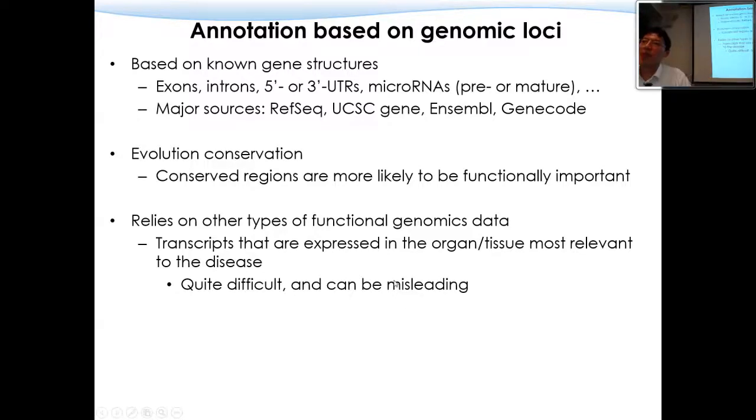And also, in many cases, we actually don't know which organ or tissue to look into, right? For example, hypertension. Which tissue do you look at? There could be many different tissues that are pathogenic. And for some diseases you think you know, like Alzheimer's disease, in the past people looked at the neurons or some of the tissues in the brain, but more and more evidence suggests the immune system has a lot to do with Alzheimer's disease.